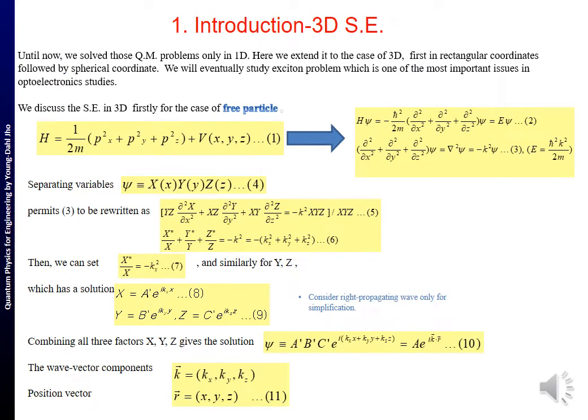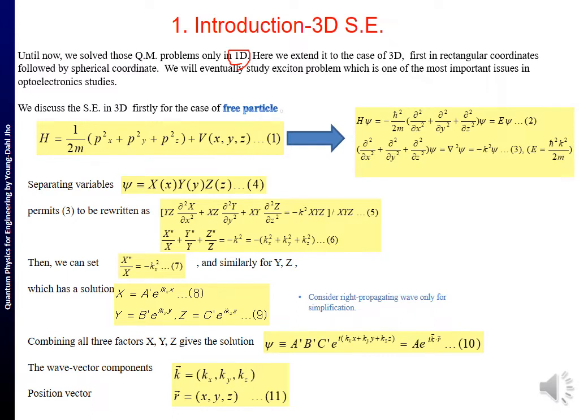So, introduction to the 3-dimensional Schrödinger equation. Until now, we solved those quantum mechanical problems only in 1D. Here we extend it to the case of 3D, first in rectangular coordinates, followed by spherical coordinates.